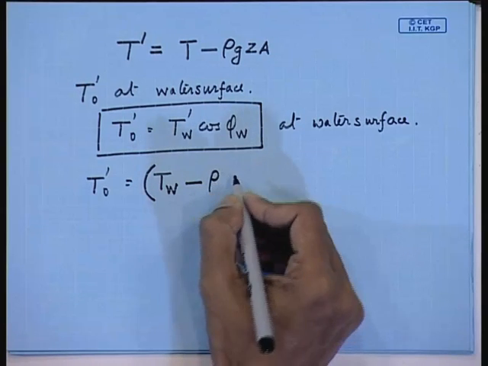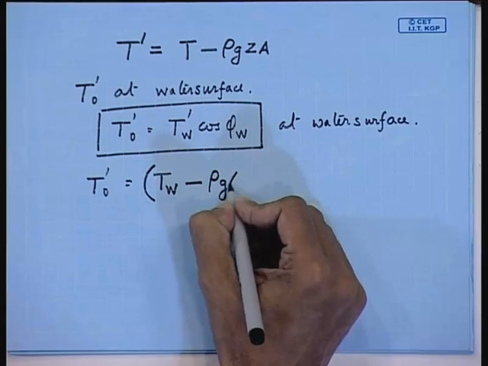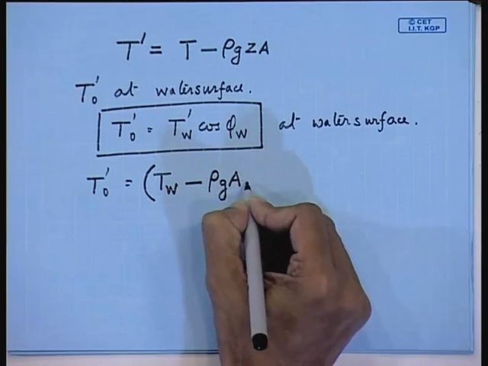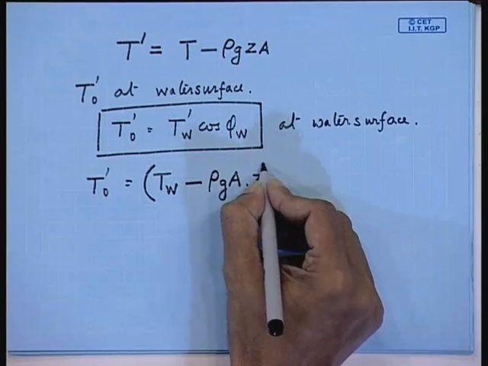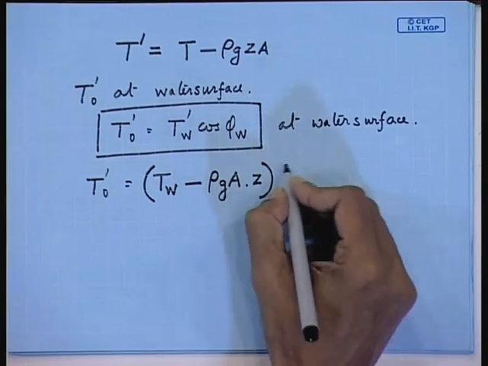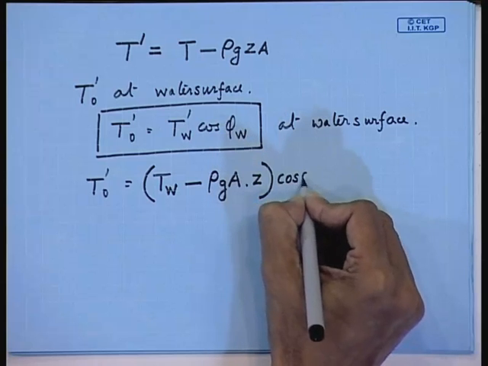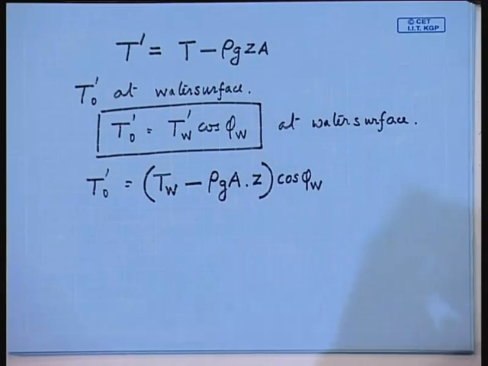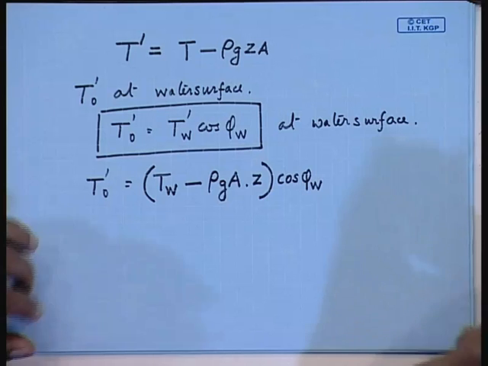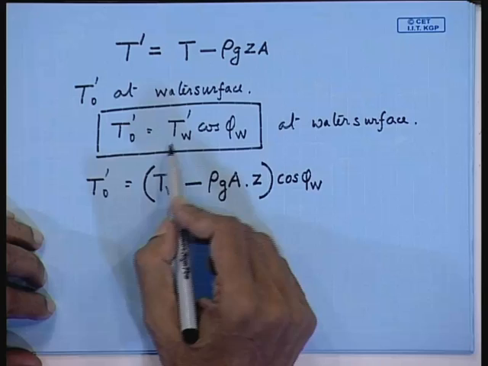You write the expression and then you put Z equal to 0. So this expression is all right. This is cos phi W. So I have simply written the expression for T prime naught.